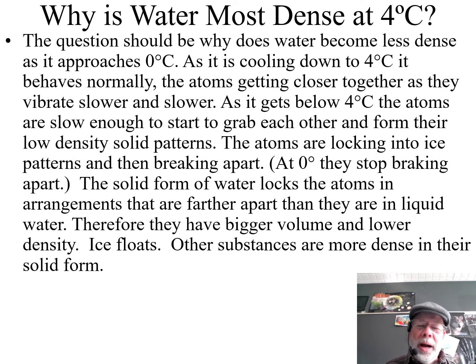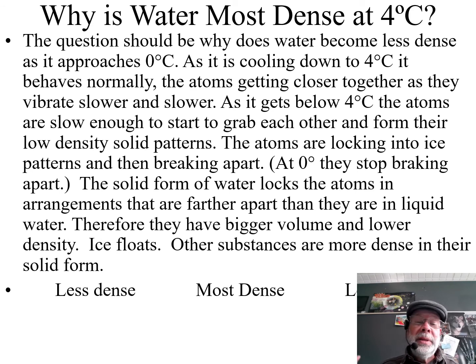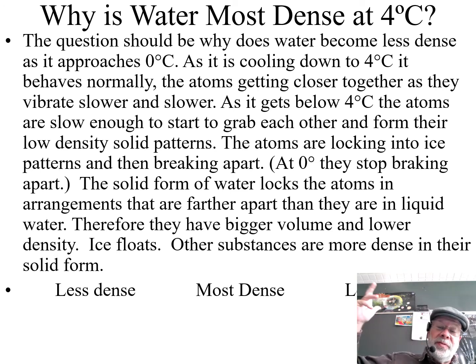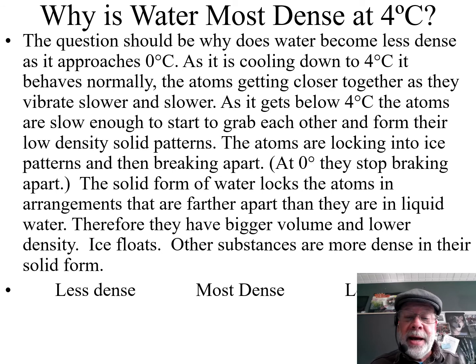So we can ask, why is water most dense at 4 degrees Celsius? And the answer is brilliant. So the question should be, why does water become less dense as it approaches 0 degrees Celsius, as it's cooling down from 4 degrees Celsius? In other words, if it's hot water and it's getting colder, it behaves normally. The atoms get closer together as they vibrate slower and slower.